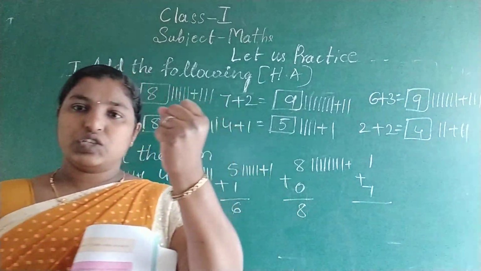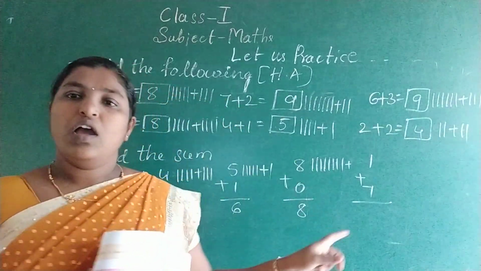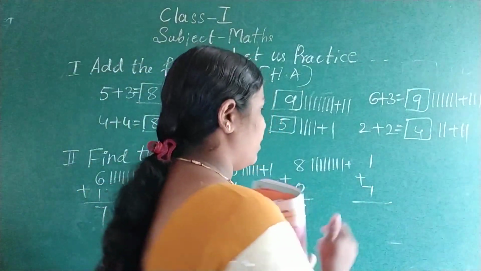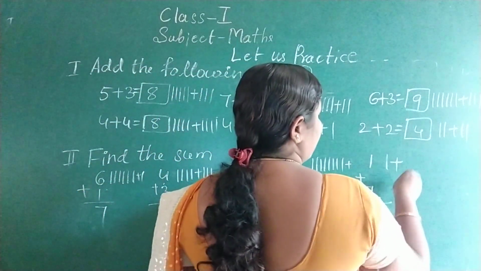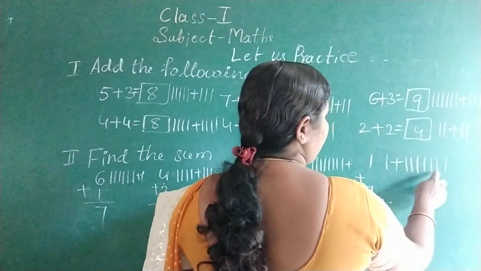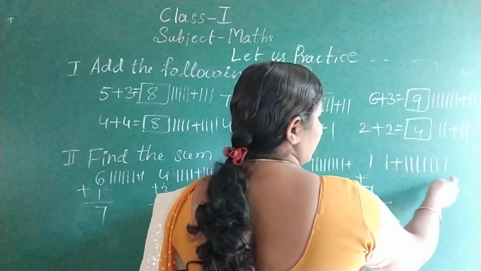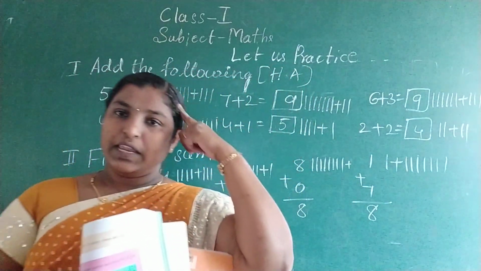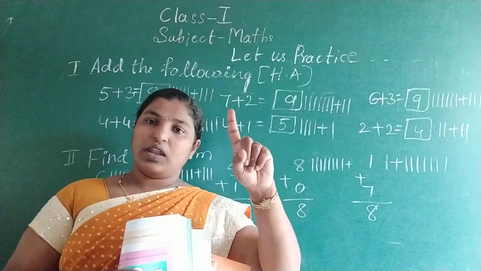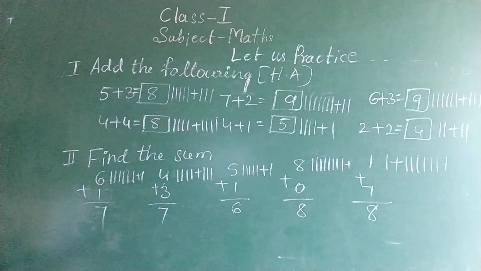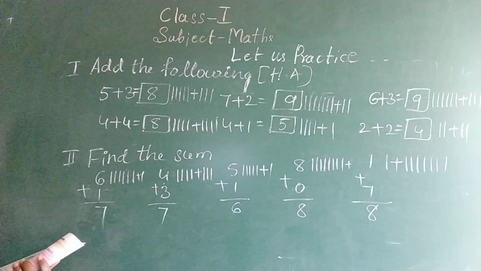So 8 plus 0, answer is 8 only. Next, 1 plus 7. 1 line plus 7: 1, 2, 3, 4, 5, 6, 7. Count all the lines. 7 plus 1, 8. Or keep the big number in your mind, that is 7 plus 1. 8 is the answer. So write all these things in your textbook.